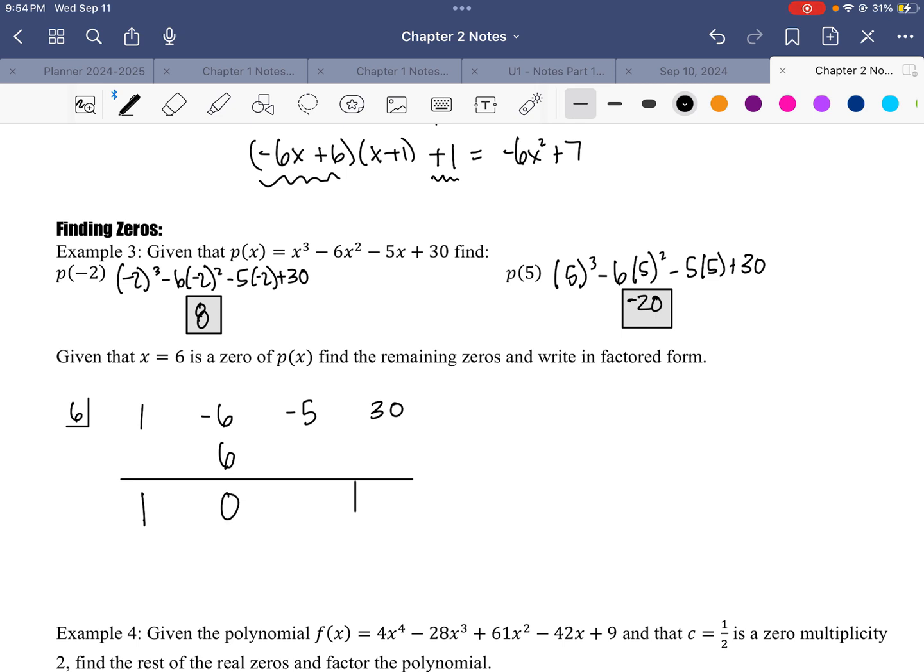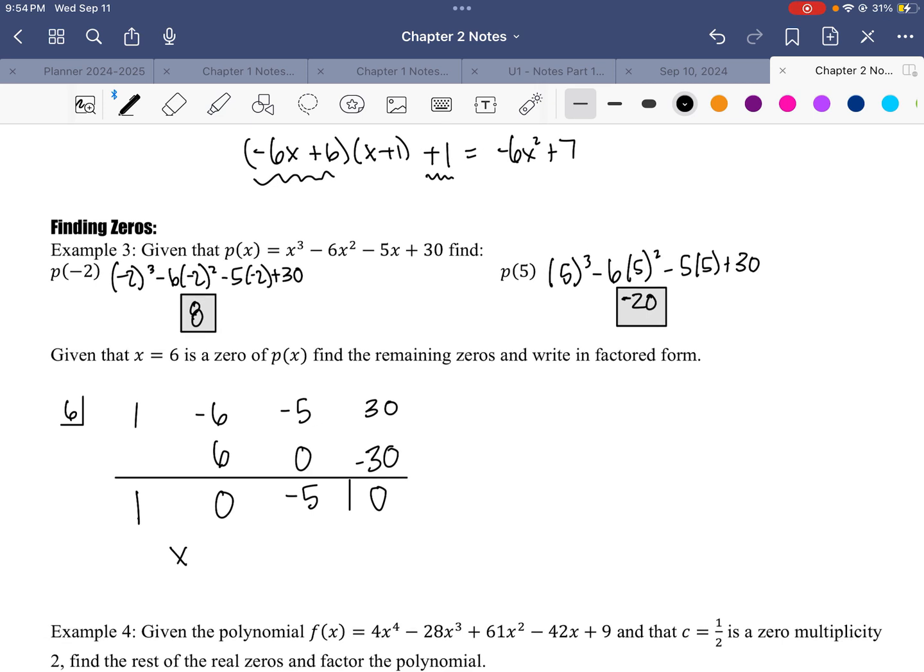That makes 0. 0 times 6 is still just 0, so we're going to drop down our -5. -5 times 6 is -30, which makes 0. Okay, so we started with an x to the third, which means that this is an x squared plus 0x minus 5. Of course, we don't actually need to write that plus 0x, so we just write it as x squared minus 5, and we know that x minus 6 would be the factor for this.